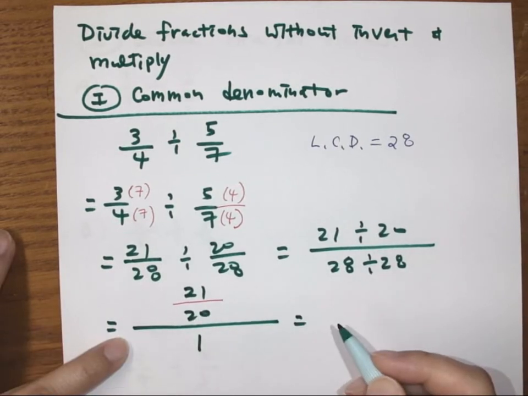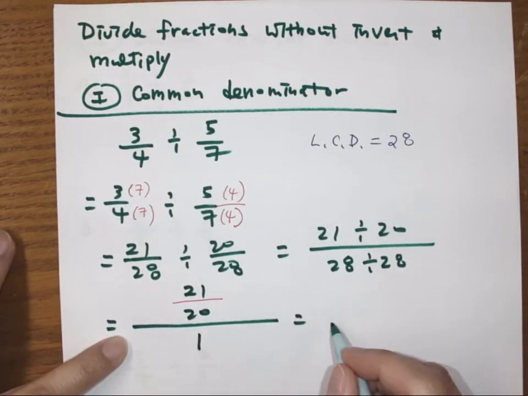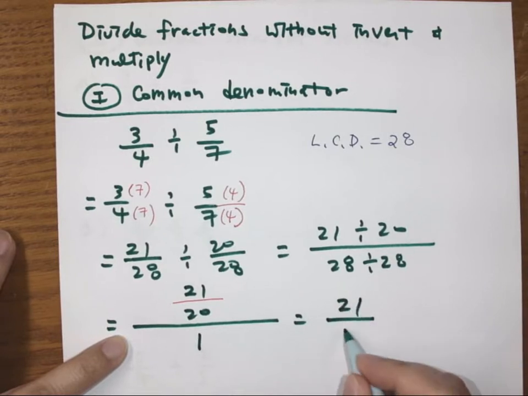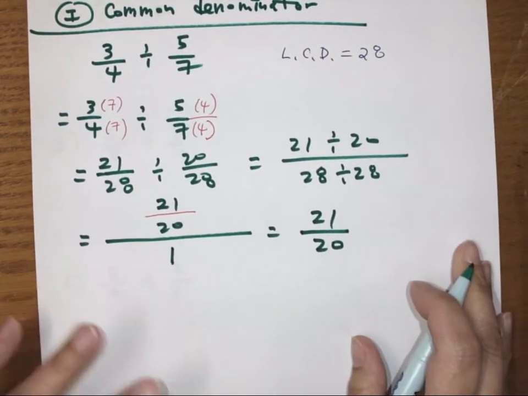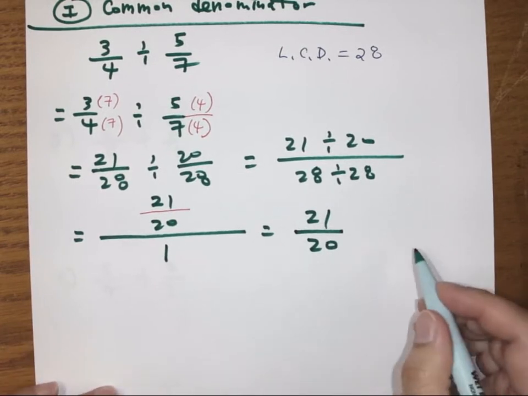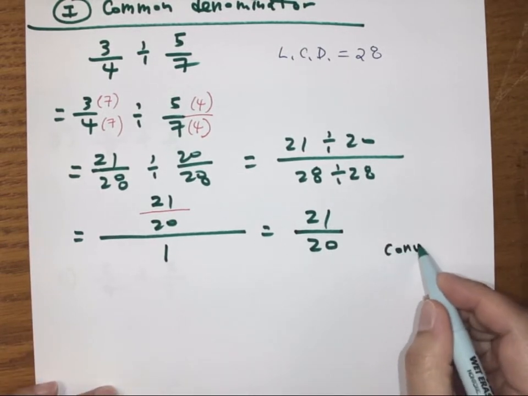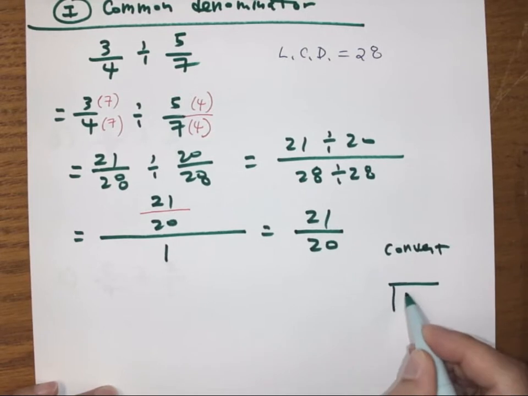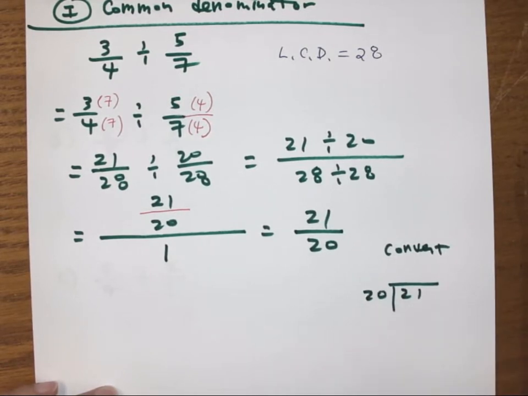If you have a 1 as your denominator, you don't have to write that out, right? So 21 over 20. This is an improper fraction, so we will have to convert that. Dividend is 21, divisor is 20, times 1 is 20. So we have a 1 here.